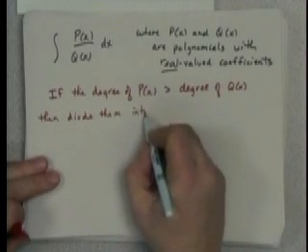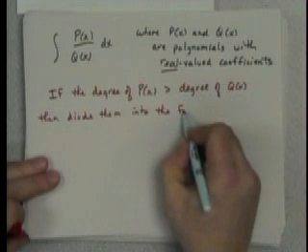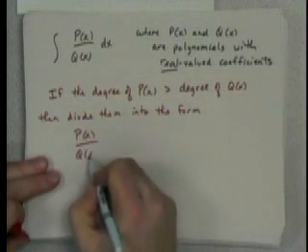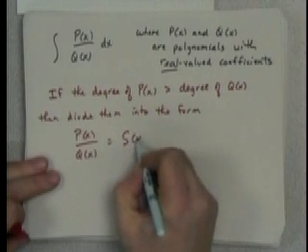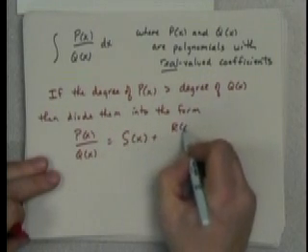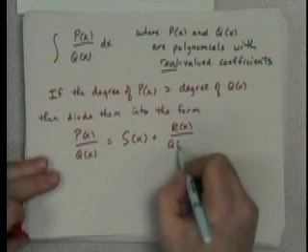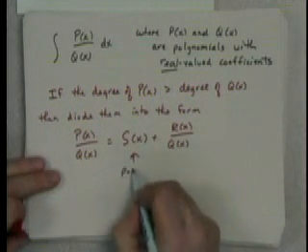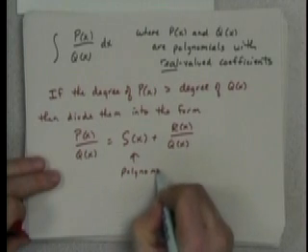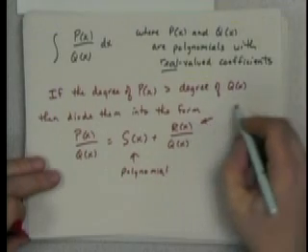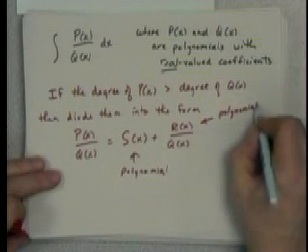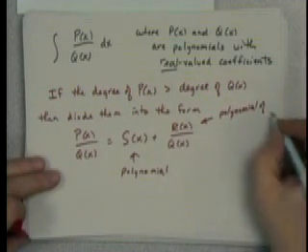Into the form, I believe your book uses this. Where S of x is a polynomial, and R of x is a polynomial that's of lesser degree than Q.